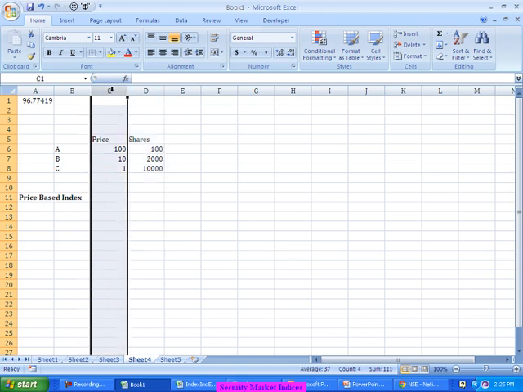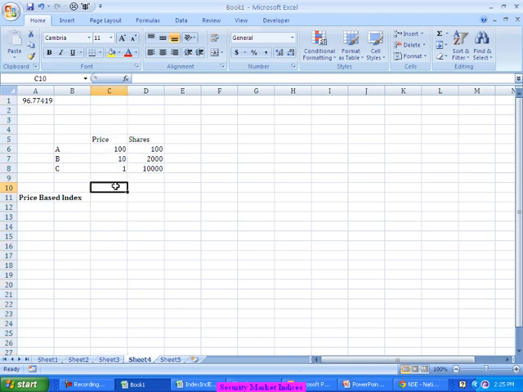They only look at the current market price and an index is computed. So whenever we say price based index, it starts like this. Let's say I've started a fresh price based index today, and my index will contain only these three companies to keep things simple.